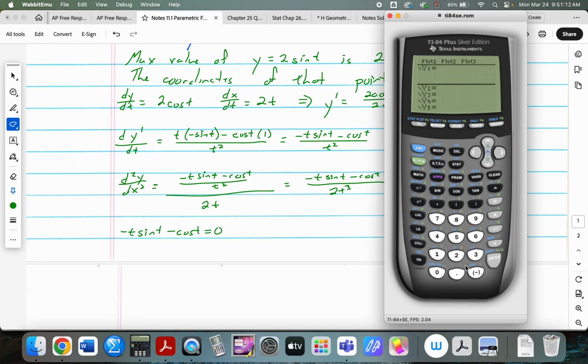And clear that out. So negative x sine of x minus cosine of x on a window from 0 to pi.